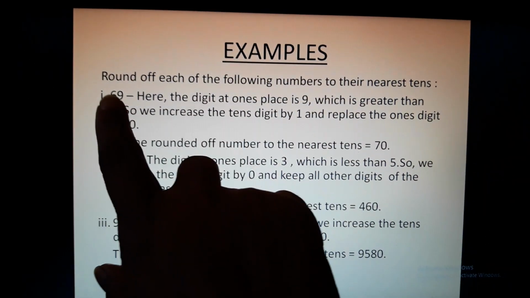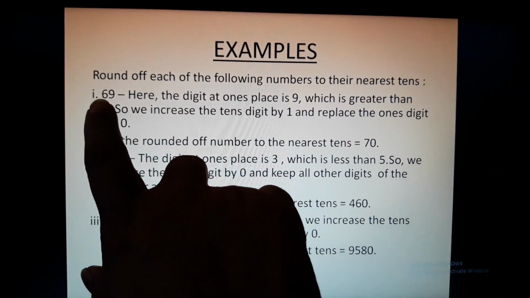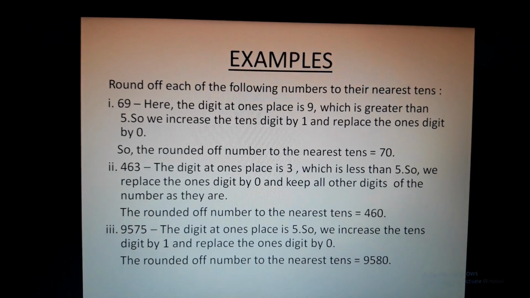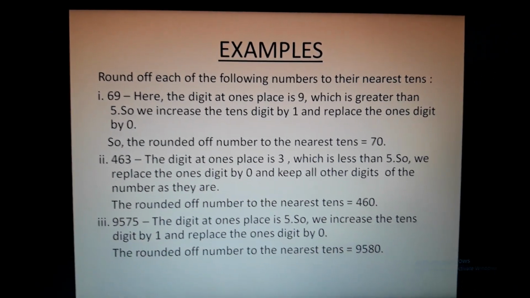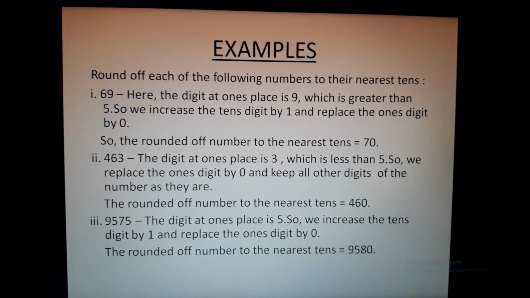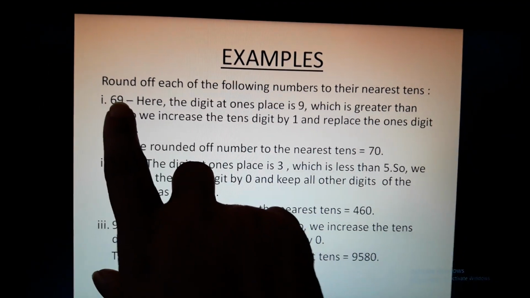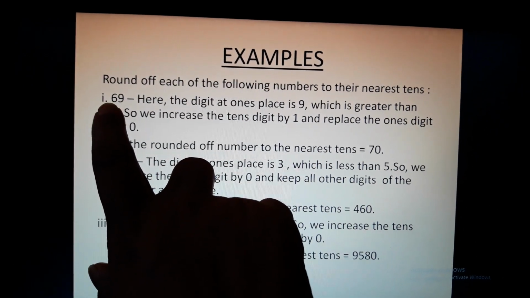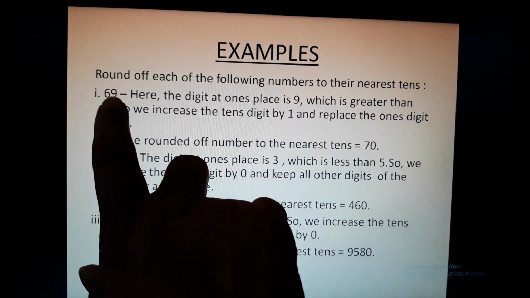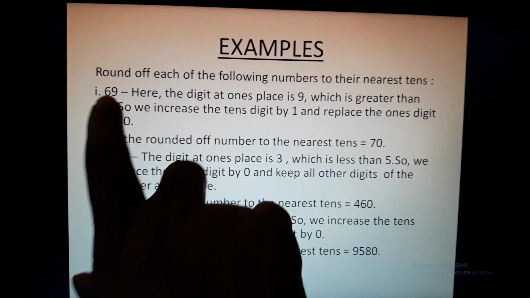If I increase the tens digit by 1, it will become 7, and we replace the ones digit by 0. So the rounded off number to the nearest tens will be 70.